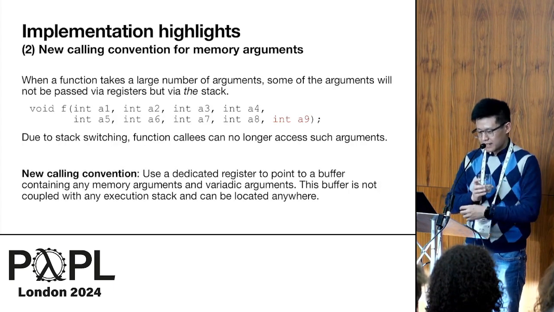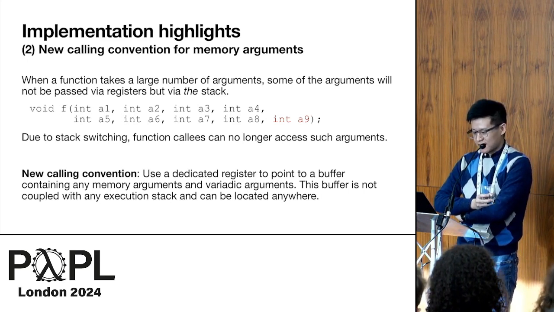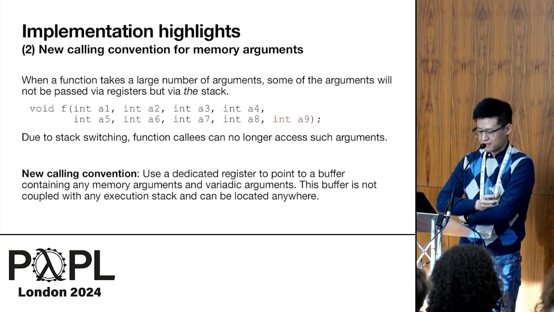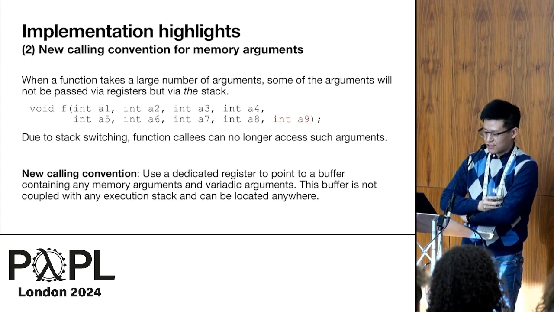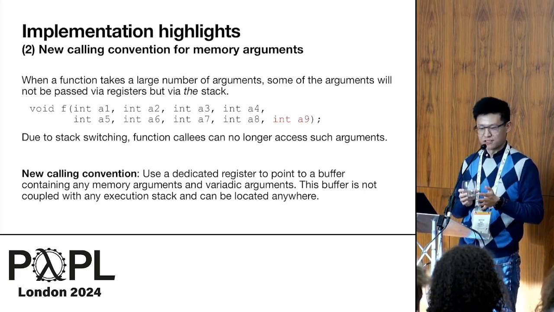So a resulting issue of this stack switching regime is that argument passing does not necessarily work anymore. So if you have a function that takes a large number of arguments, and some arguments will not be passed via registers but via the stack.